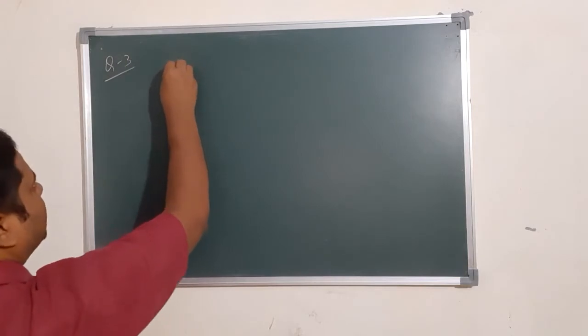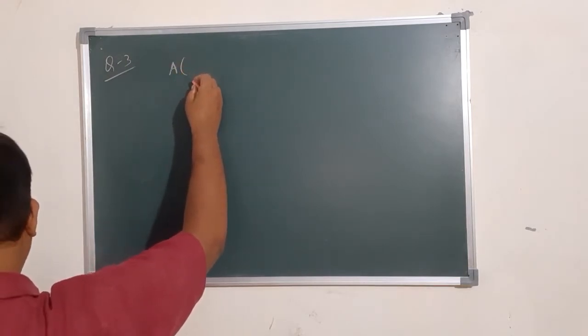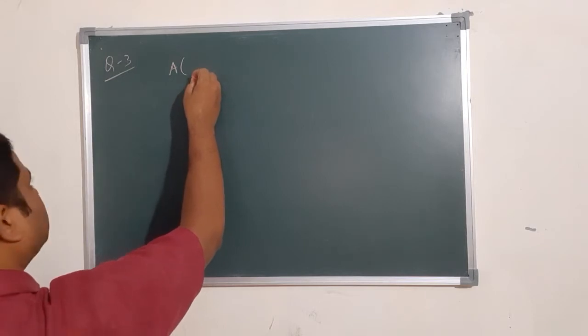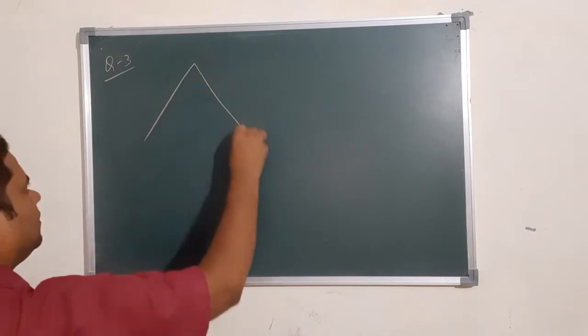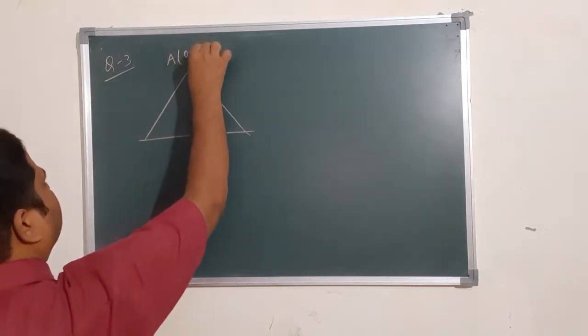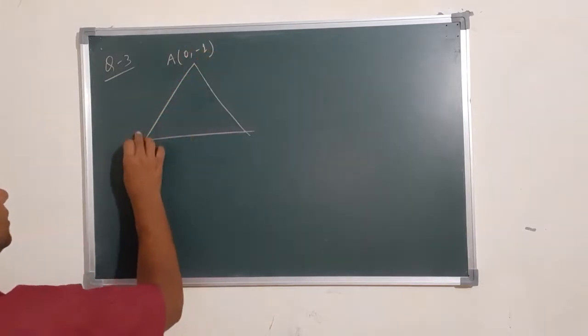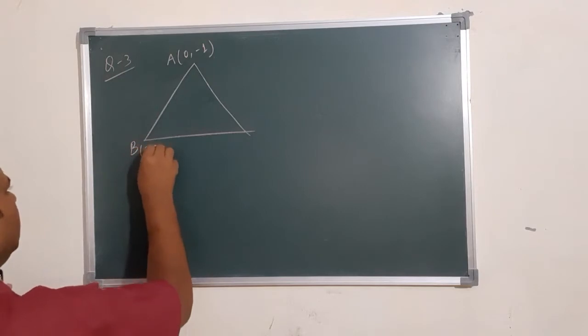So we make a triangle here. A, this is 0, -1. B, this is 2, 1.